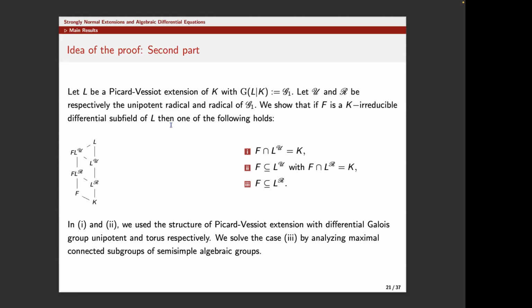The third case we handle by analyzing maximal connected subgroups of a semi-simple algebraic group. So note that LR is a Picard-Vessiot extension of K with differential Galois group a semi-simple algebraic group, and the irreducible differential subfields correspond to maximal connected subgroups.